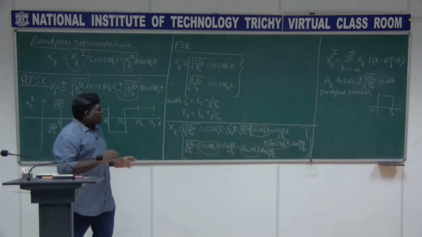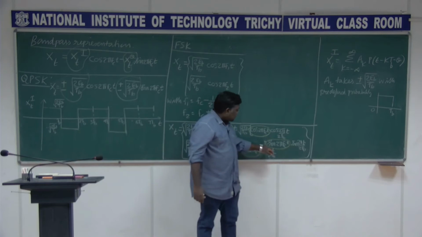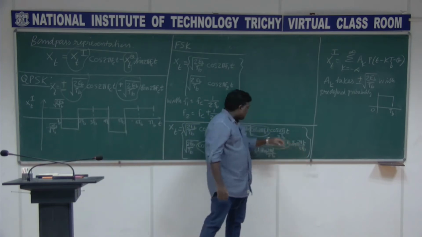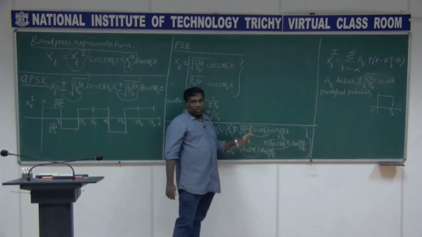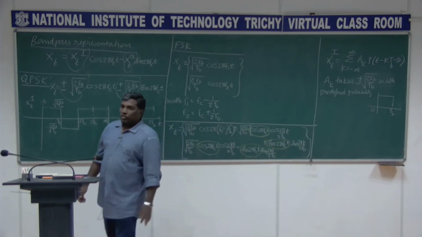But when you go for the quadrature component, here it is the plus sin 2 pi T by 2 TB, of course multiplied with root 2 EB by TB, and here this is becoming what? Minus.